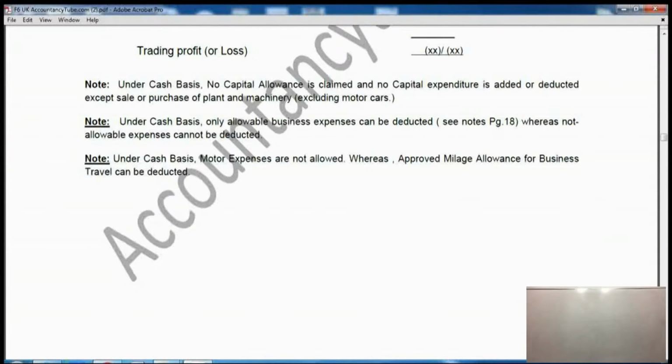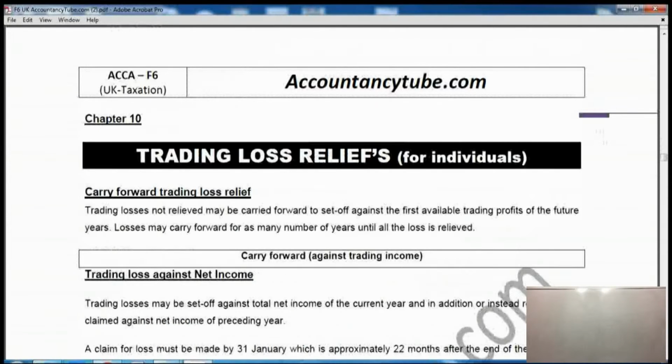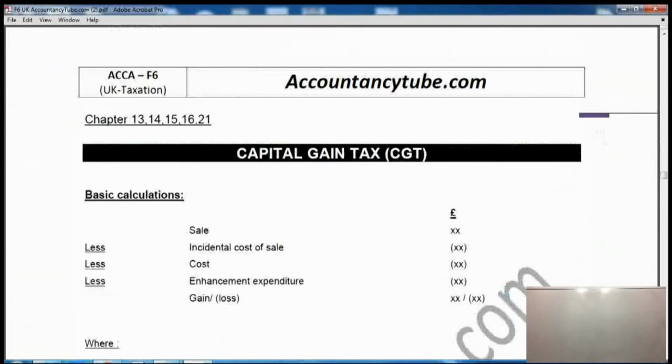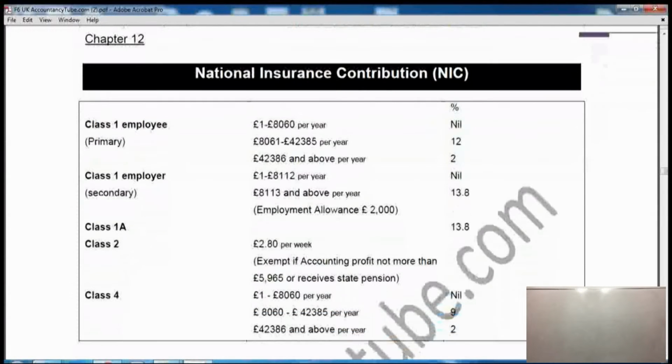Now that is end of this chapter. Now if you could please move to, hang on, we will have to see another chapter today, which is national insurance contribution. Now if you move to page 30, please. On page 30 there is something called national insurance contribution.